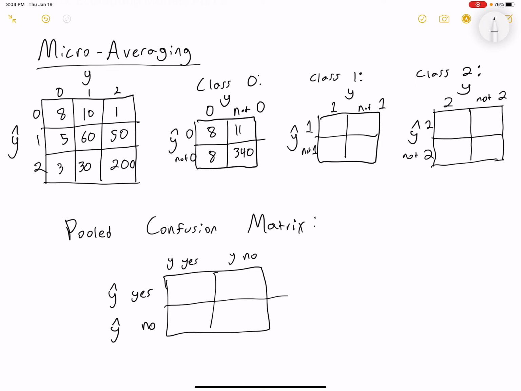We do the same thing for every class, and then the pooled confusion matrix is the sum of these three individual confusion matrices, which we showed the arithmetic for last time, but it might have been a little bit mysterious as to where that was coming from.